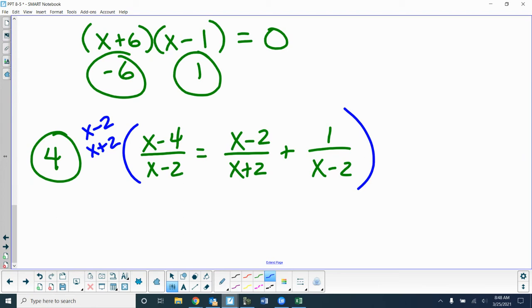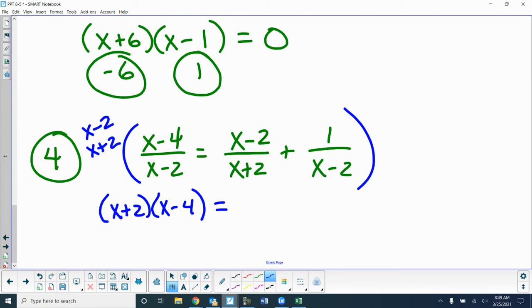Okay, now, when I multiply those two binomials times this fraction, the x minus 2's actually go away, right? Cancel. So it's x plus 2 times x minus 4 for that one. Oops, minus 4. That's the left side. When I multiply those two by this fraction, the x plus 2's go away.